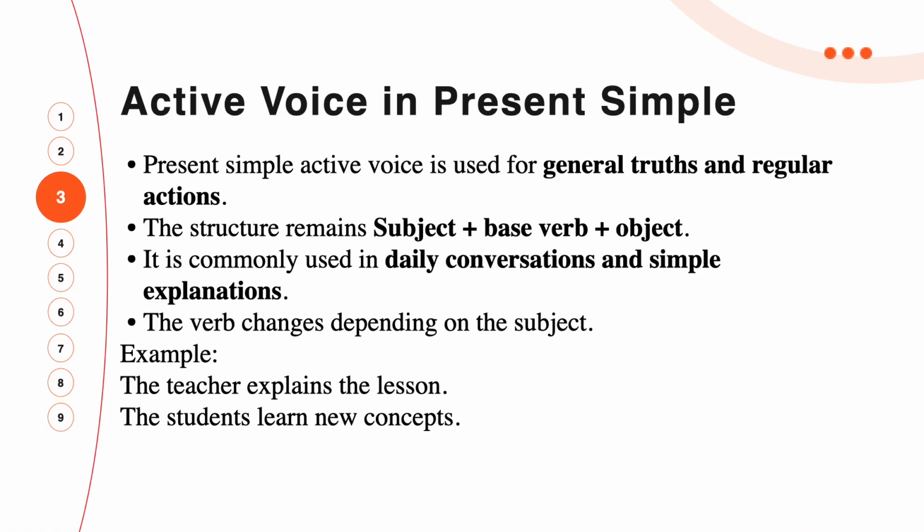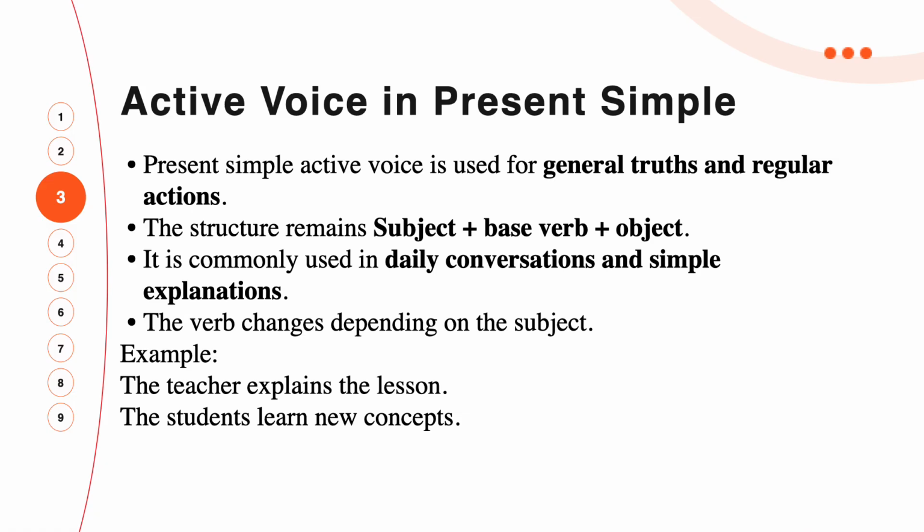In this slide, we learn how active voice is used in the present simple tense. Present simple active sentences are used to describe general truth, daily activities, and regular action. The structure remains subject plus base verb plus object.